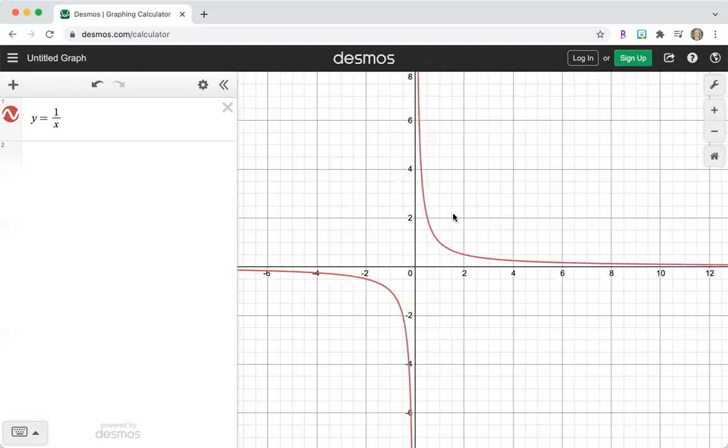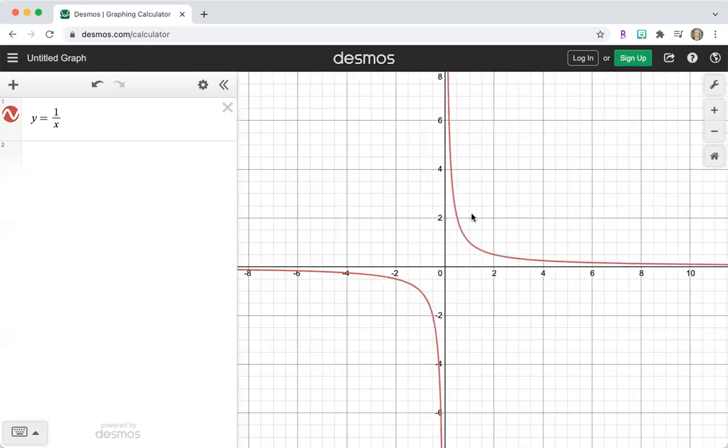And that's the definition of what's called an asymptote. And so in this case, because it's a vertical line, this is called a vertical asymptote. An asymptote is just this line that the graph, this function, will approach.